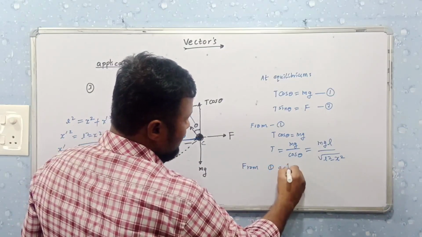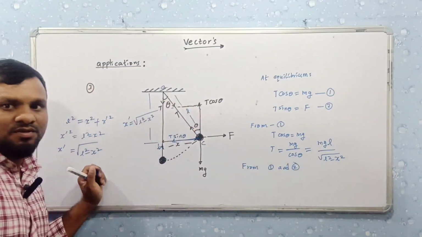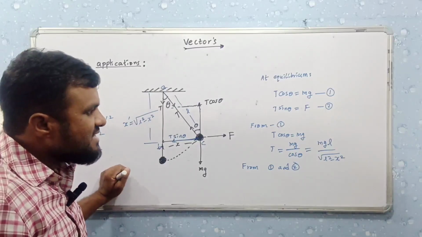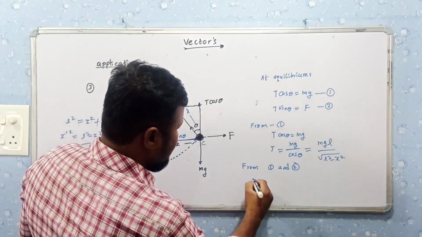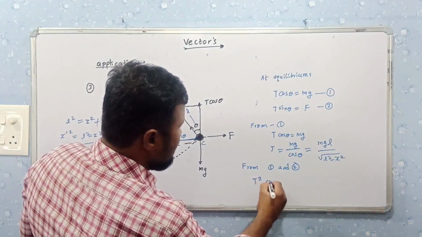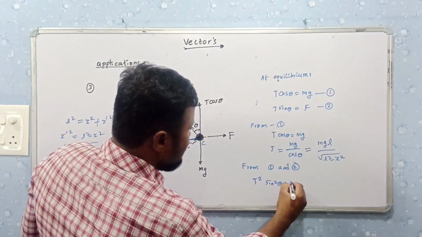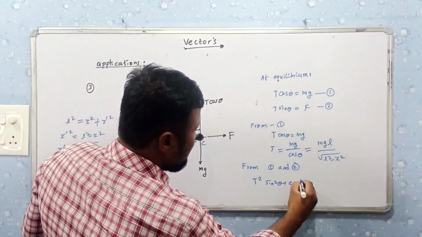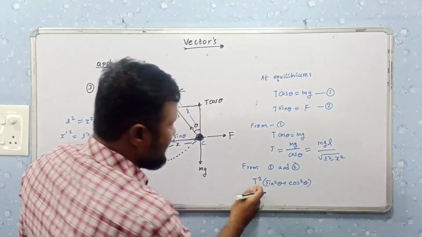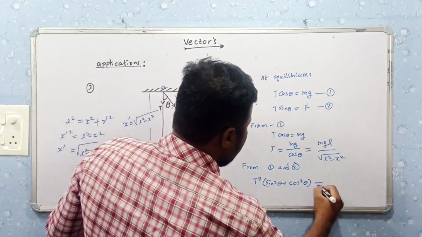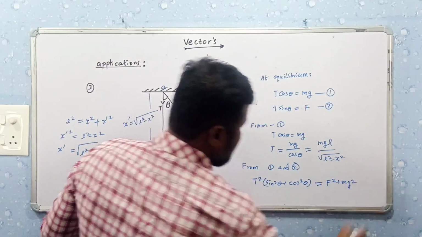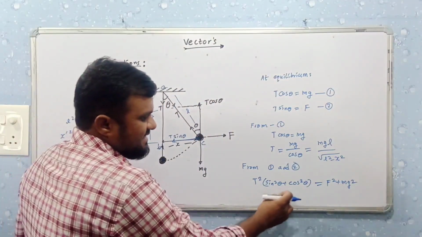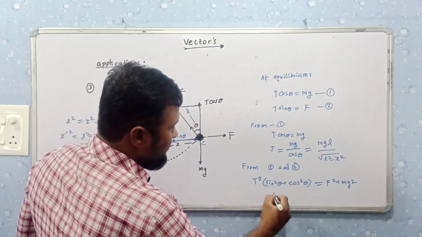Now from equation number 1 and 2, by squaring and adding both sides, we will get T square sin square theta plus T square cos square theta. As I am taking T square common, that is equal to F square plus mg square. This is the identity, sin square theta plus cos square theta is 1.